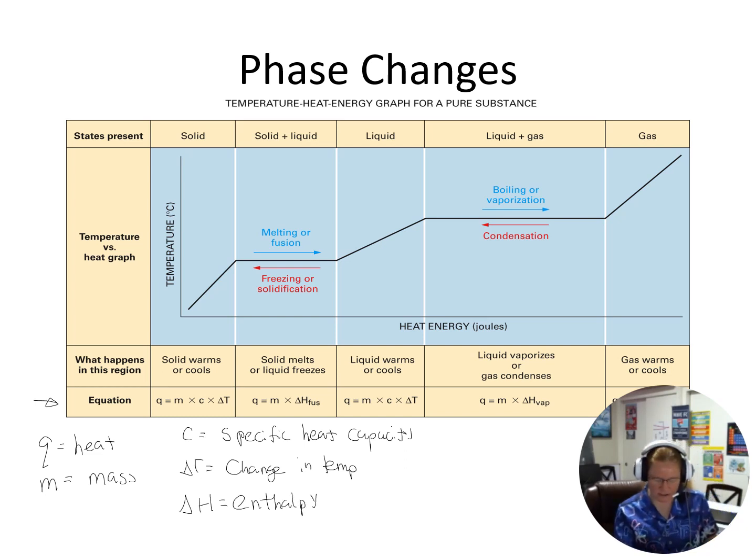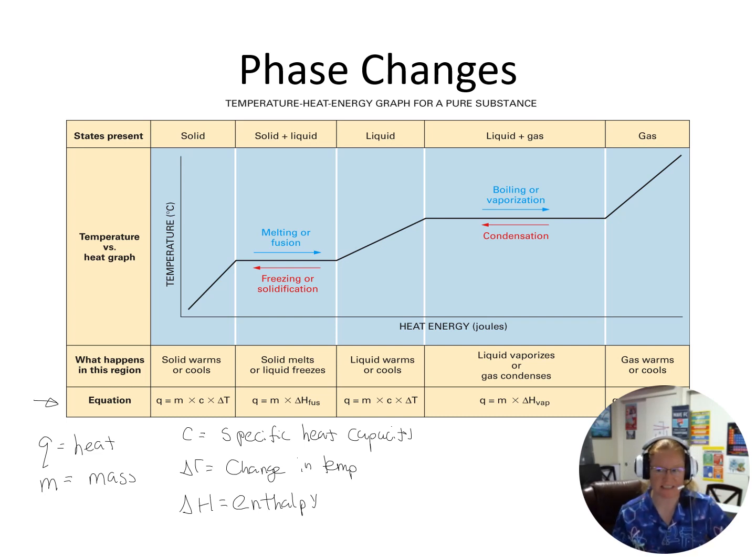If I'm in one phase, then I'm going to use a specific heat capacity and the change in temperature to figure out my amount of heat or my amount of energy. If I'm undergoing a phase change, going between solid and liquid or liquid and solid, then I need this delta H of fusion. I need the enthalpy associated with that phase change.